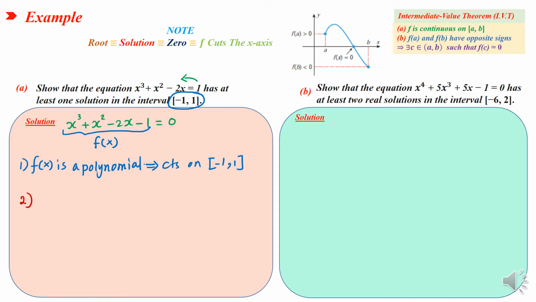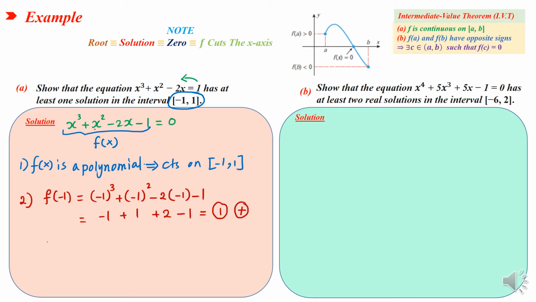This is the second condition of the IVT. So f of -1 equals (-1) cubed plus (-1) squared minus 2 times -1 minus 1. So we have -1 plus 1 plus 2 minus 1, and this gives us 1, and 1 is a positive number, so f of -1 is positive.